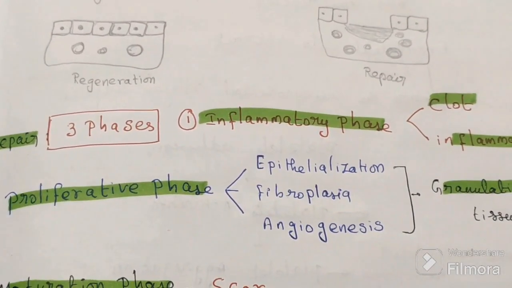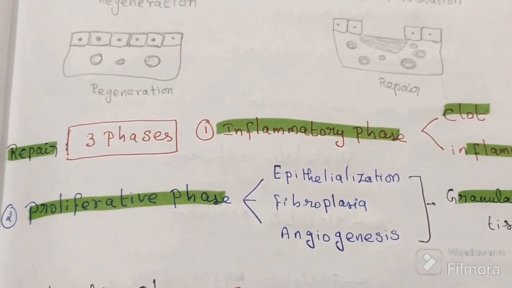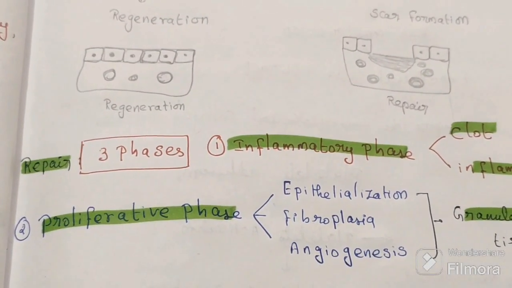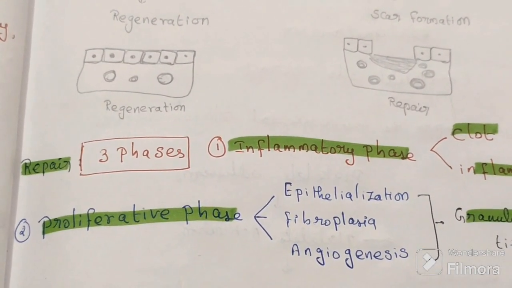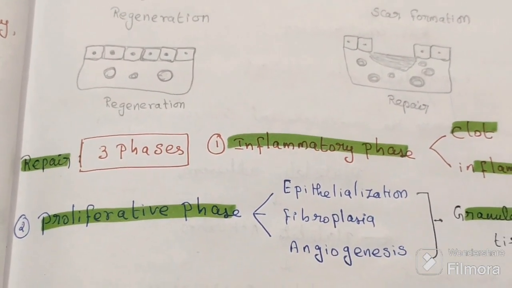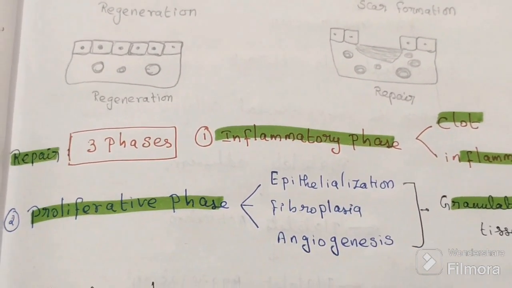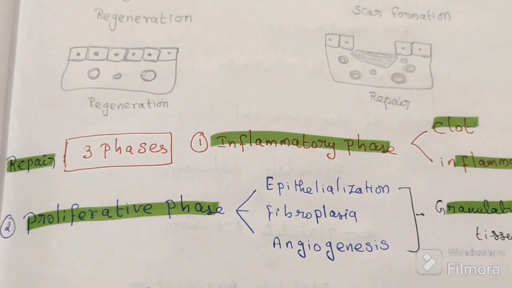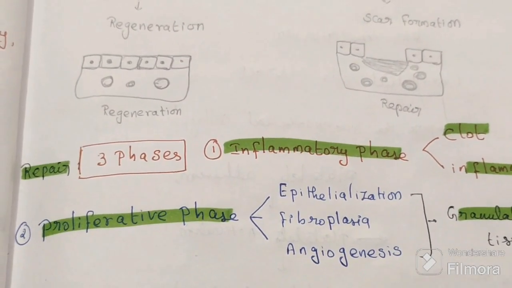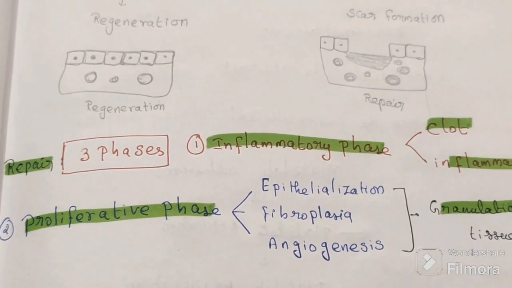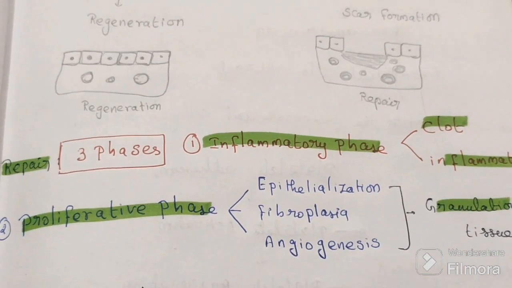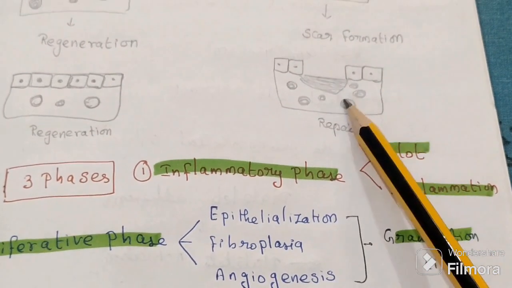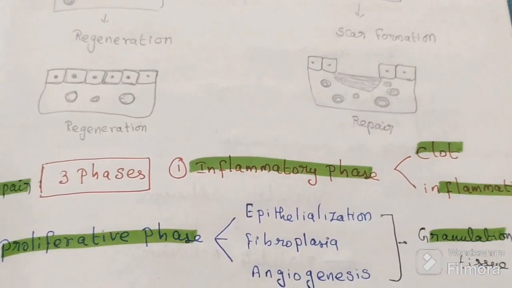Repair is the replacement of injured tissue by fibrous tissue, that is scar. It is not the same tissue coming. Instead of the tissue which is lost, we get fibrous tissue.